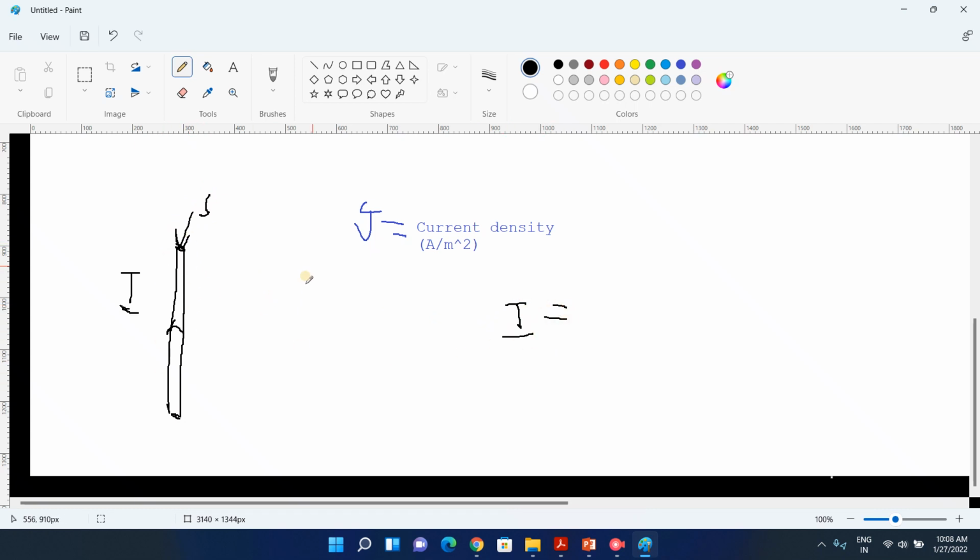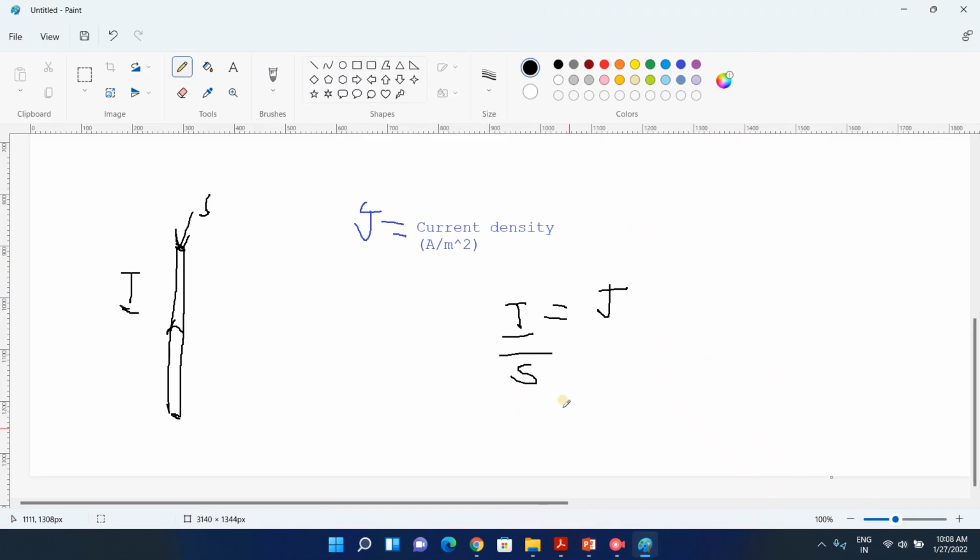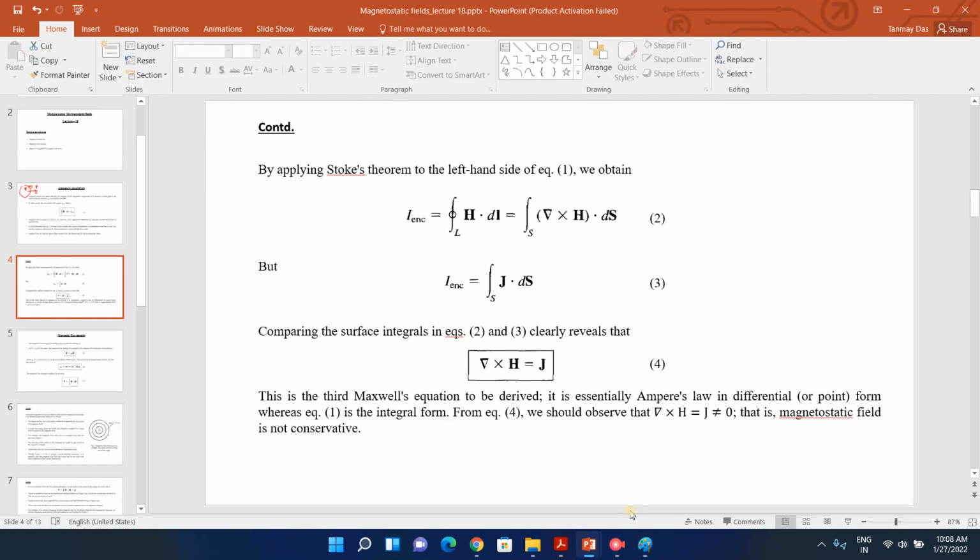The total amount of current passing through that conductor and coming out of the surface S, area S, is equal to J. So J will be equal to I by S, and I will be equal to J into S. You can use the cross sign also.